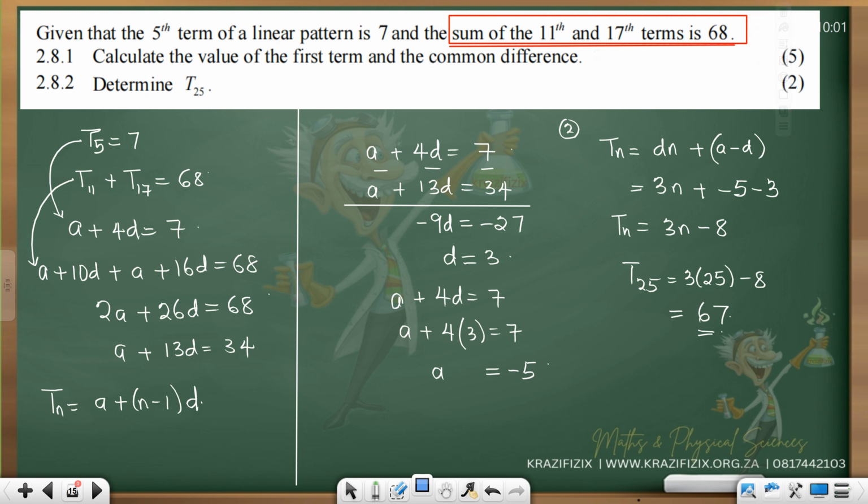The sum of the 11th and the 17th, which means T11 plus T17, is 68. We changed that into English. That's why we said the sum of the 11th and the 17th is 68.